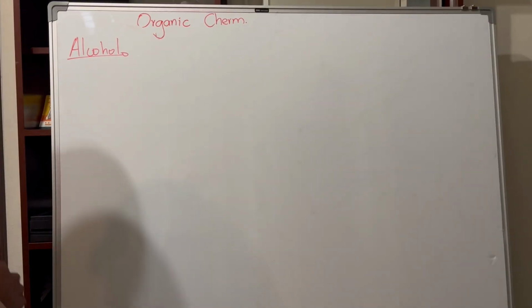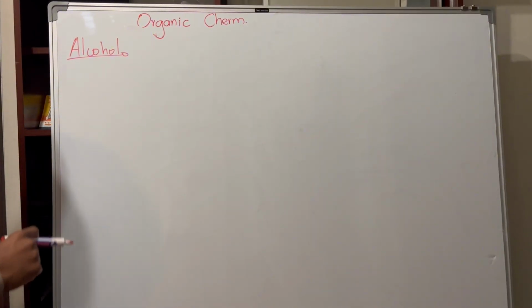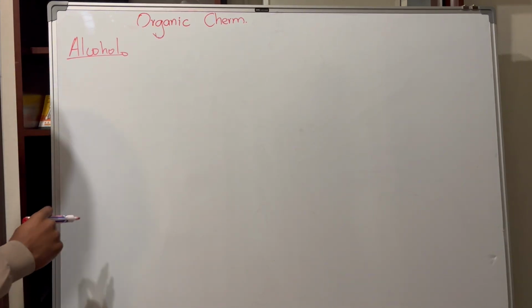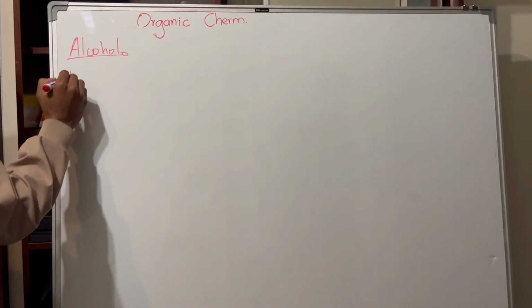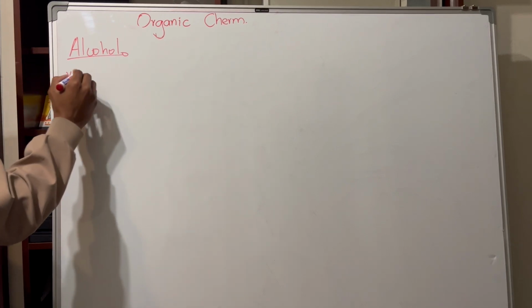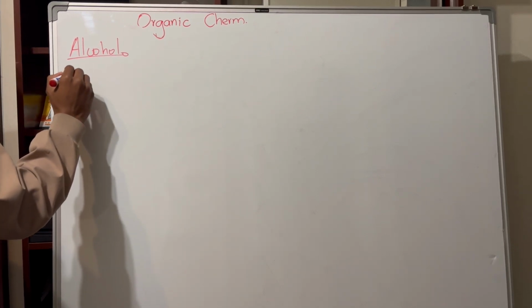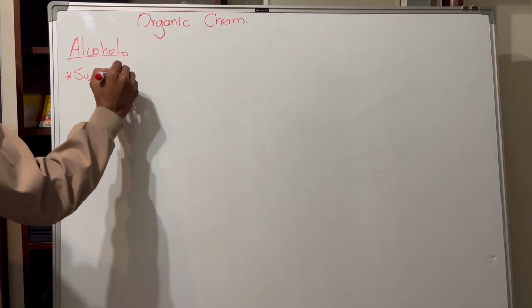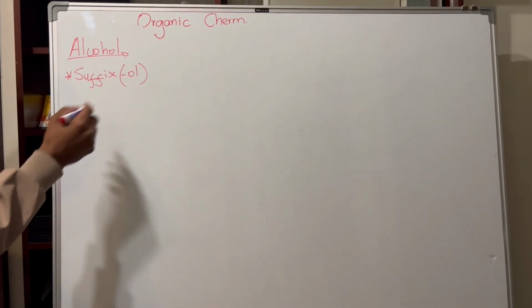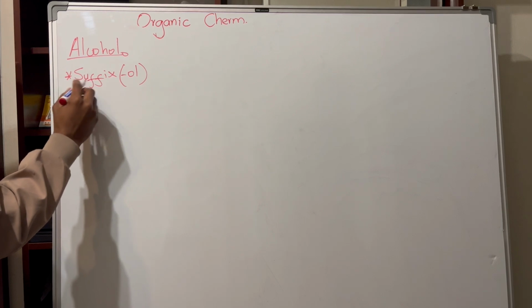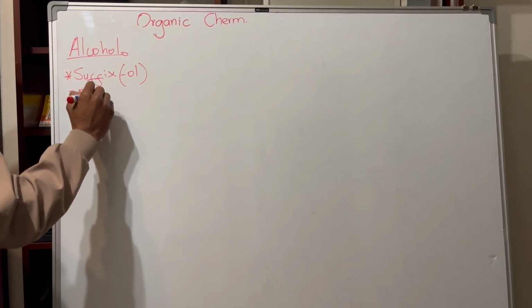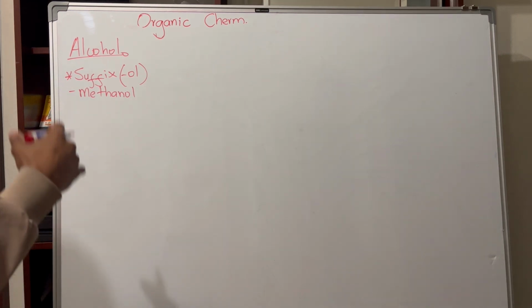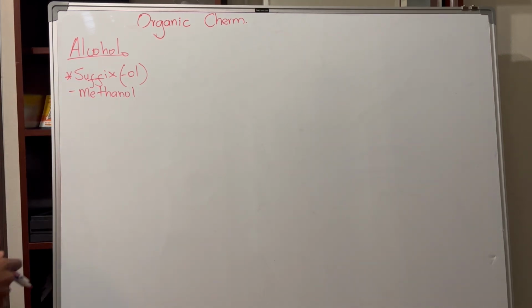Okay, so now let's talk about the next homologous series, which is alcohol, right? So alcohol has a suffix of "ol". An example can be methanol, can be propanol, can be whatsoever.